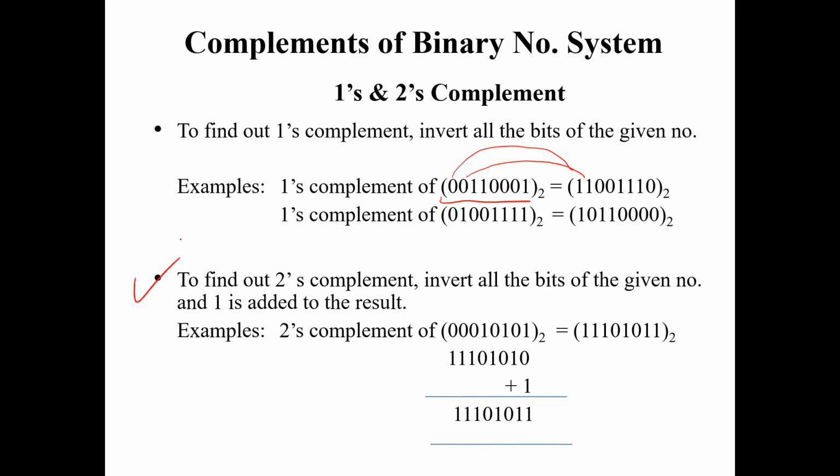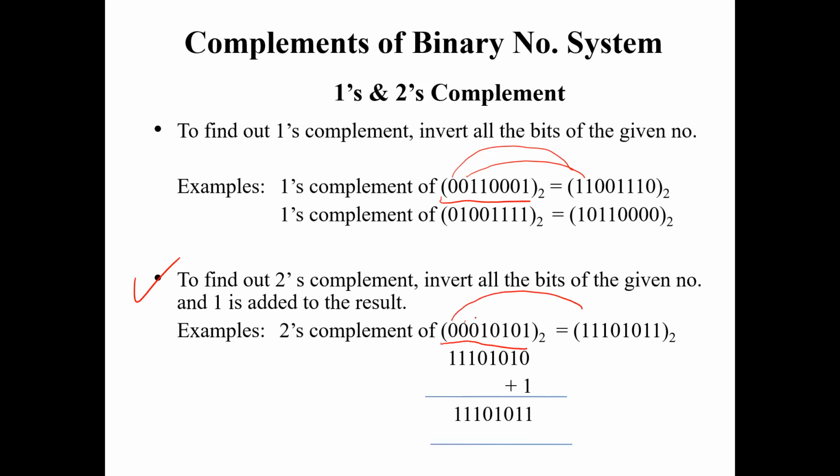Next, if you want to find the twos complement of a given number, you have to invert all the bits of the given number. Means, first of all, you have to find the ones complement, and then after finding the ones complement, you have to add 1 to the result. Let us suppose you want to find the twos complement of 000101001 to the base 2.